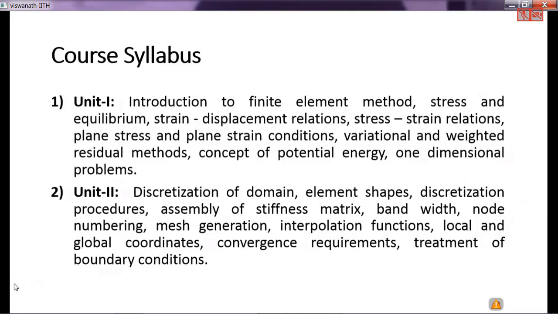Now with this, since it has been so much overloaded, to make you understand these concepts, we will take one-dimensional problems to help you understand the difference between a strong form and a weak form, with 1D problems like a bar and beam.